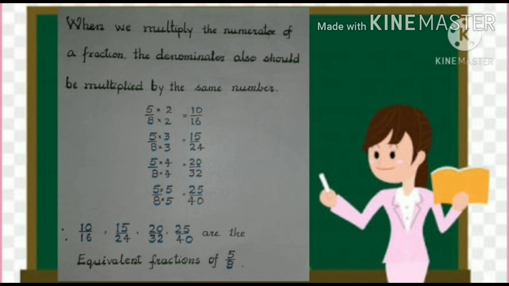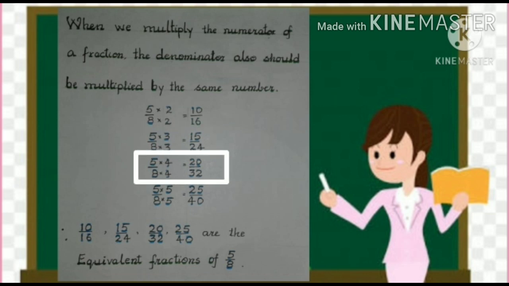But remember, when we multiply the numerator of a fraction, the denominator also should be multiplied by the same number. 5/8, numerator and denominator multiplied by 2, we get 10/16. 5/8, when both are multiplied by 3, we get 15/24.